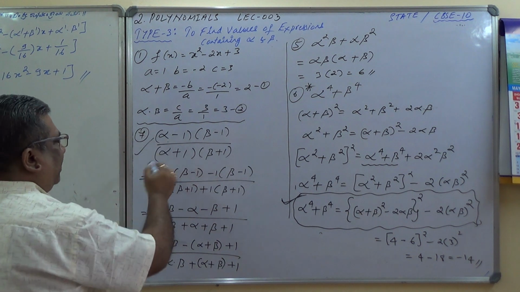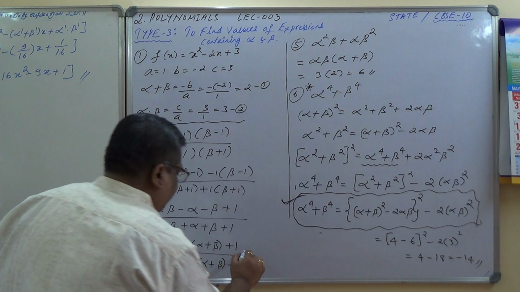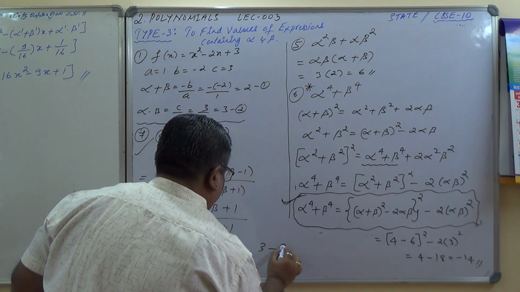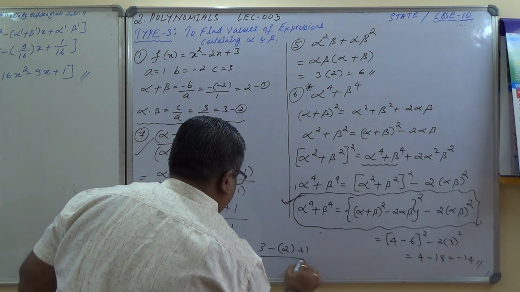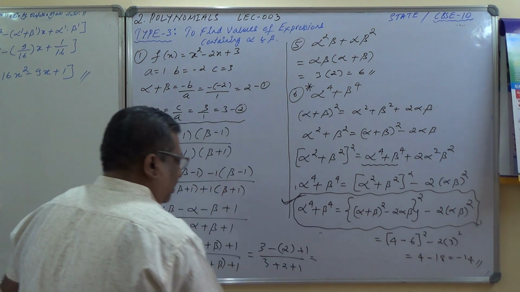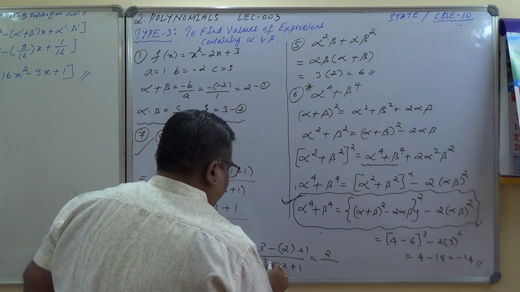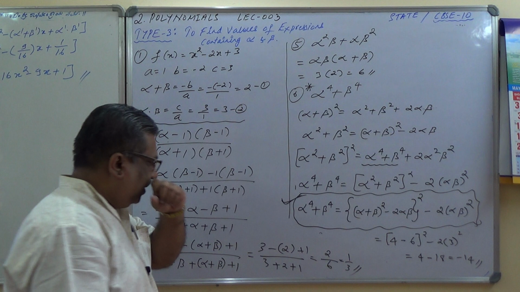So we are able to express this in terms of sum of zeros and product of zeros, which equals alpha beta 3 minus alpha plus beta 2 plus 1 divided by 3 plus 2 plus 1. So 3 minus 2 is 1, 1 plus 1 is 2, the whole divided by 6, which equals 1 by 3. We got 1 by 3 here.